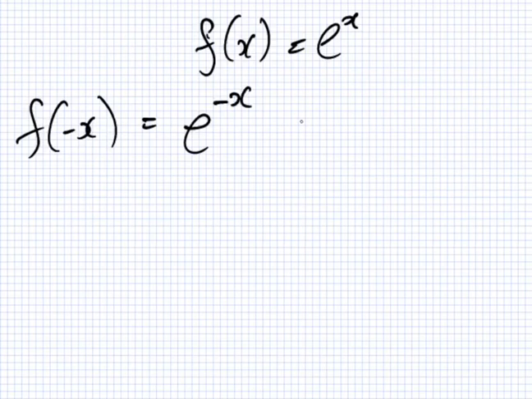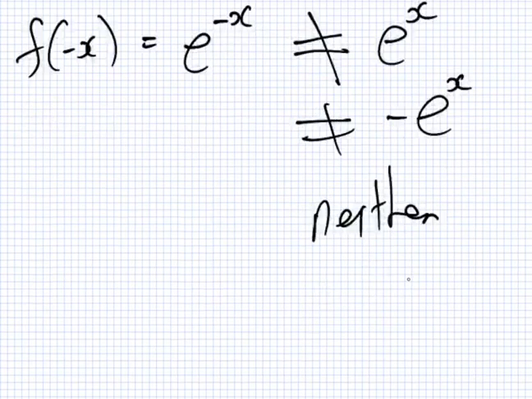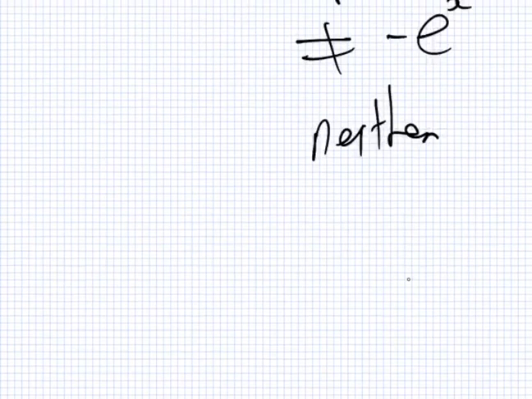So if you have f of x equals x cubed, f of minus x, what does that equal? That's equal to minus x cubed, which equals minus 1 cubed multiplied by x cubed. What's minus 1 cubed? Minus 1. What's x cubed? x cubed.